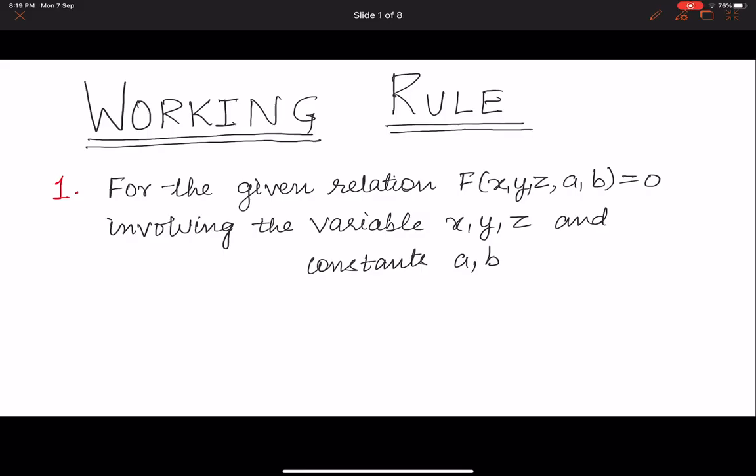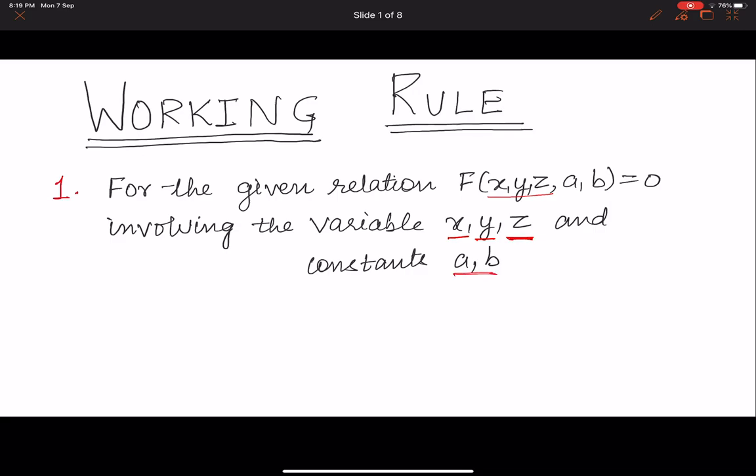So let us understand the working rule for formation of PDE by eliminating arbitrary constants. Point 1 is you will be given some function which is a function of a few variables. Say here we have variables x, y and z, where x and y are the independent variables and z is the dependent variable, dependent on x and y.